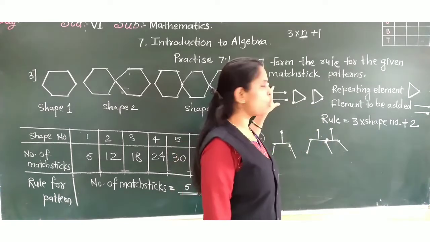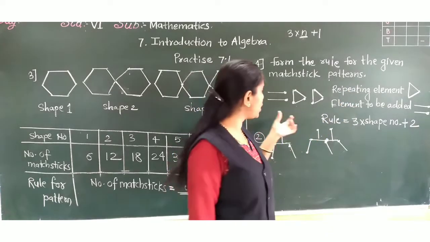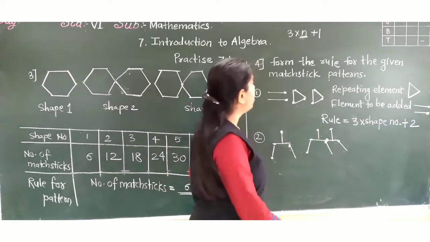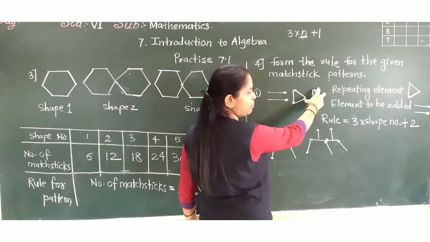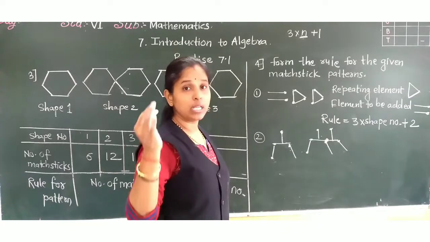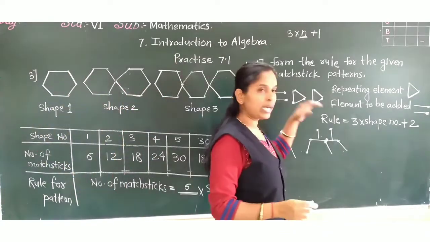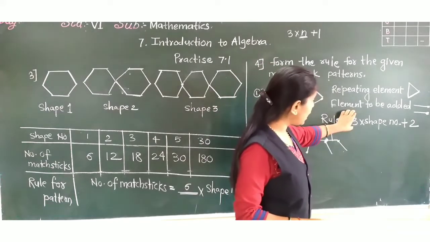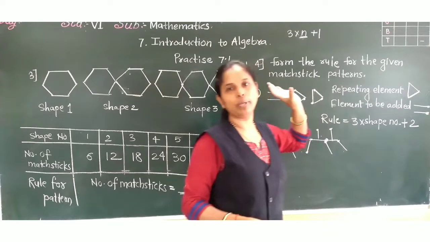This is going to remain the same, 2, 2, 2, for every shape. And what is going to repeat? This shape is going to repeat again and again, that is, 3 matchsticks will go on increasing in each shape. So the rule is repeating element into number of shapes plus element to be added.